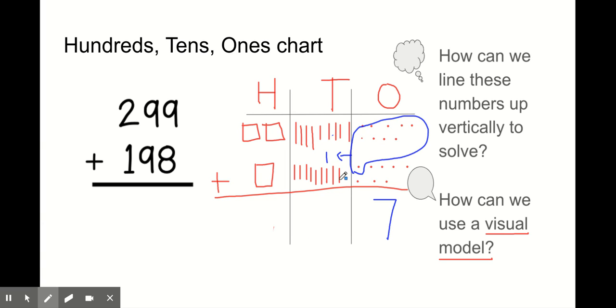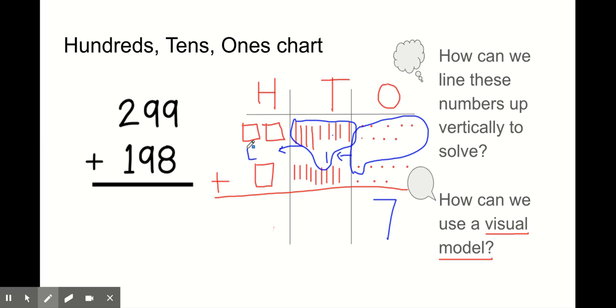Now let's do tens. With the tens, we have way more than 10 tens. Let's add them together. 1, 2, 3, 4, 5, 6, 7, 8, 9, 10. So I circle my new group and it becomes 100.